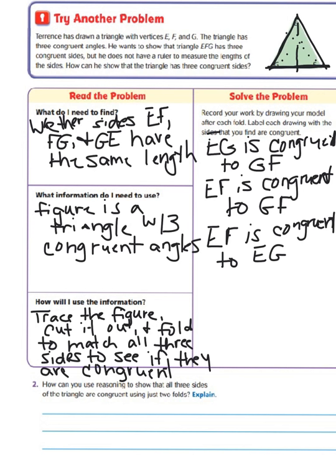So, how can you use reasoning to show that all 3 sides of the triangle are congruent using just 2 folds?